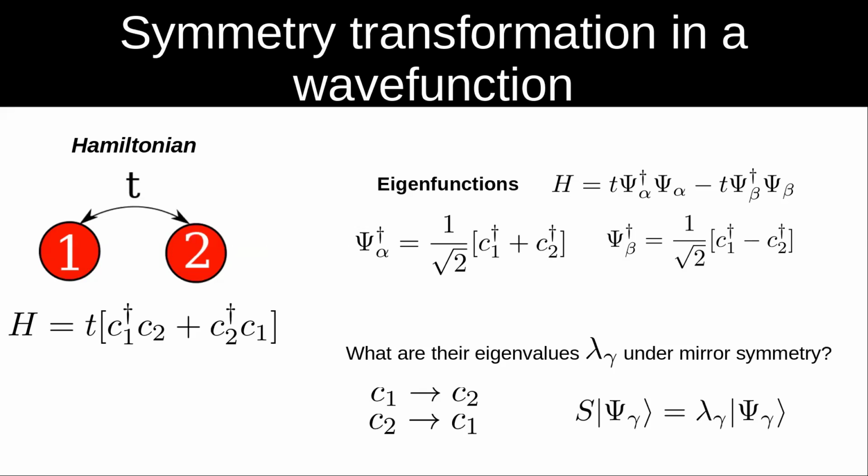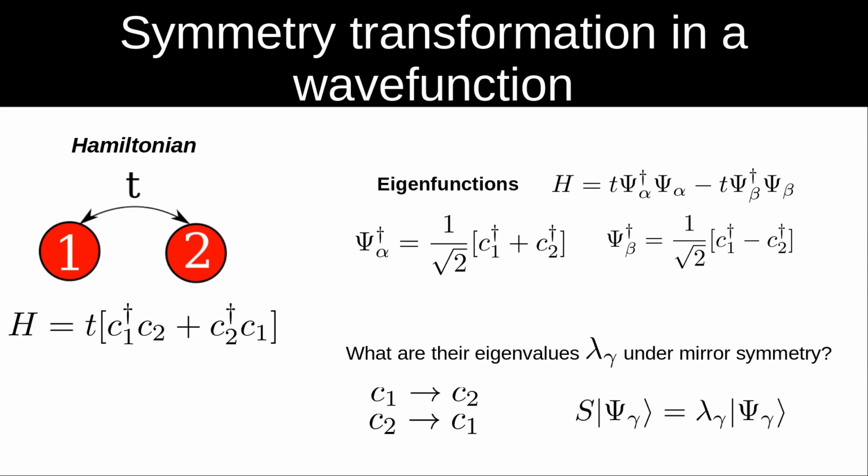The Hamiltonian has two eigenfunctions, because we have just a 2x2 Hamiltonian, and our eigenfunctions are c dagger 1 plus c dagger 2, and c dagger 1 minus c dagger 2. These two eigenfunctions get transformed in some way when we apply mirror symmetry.